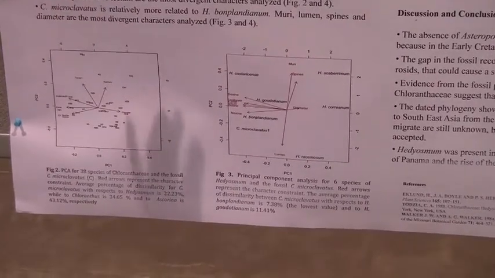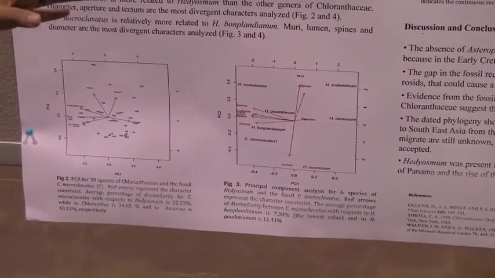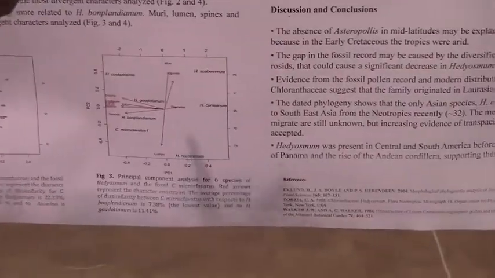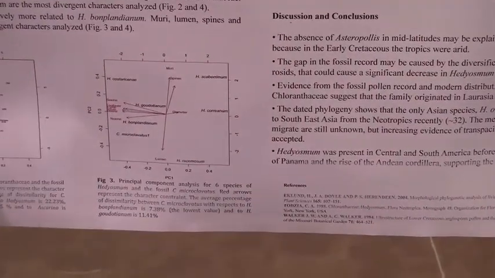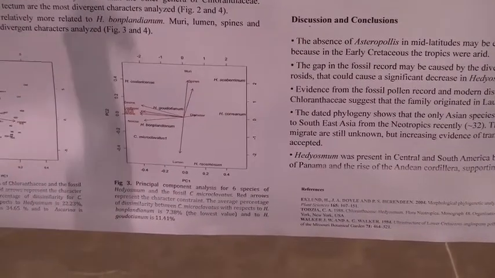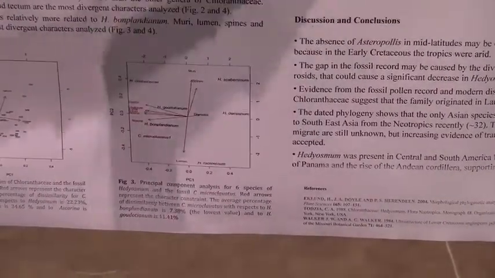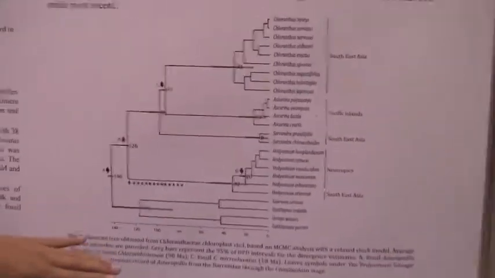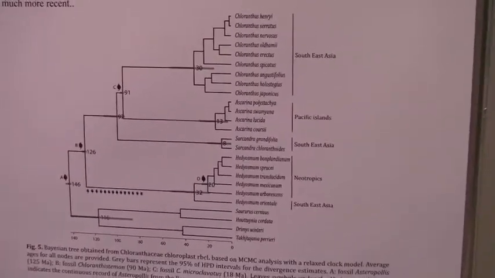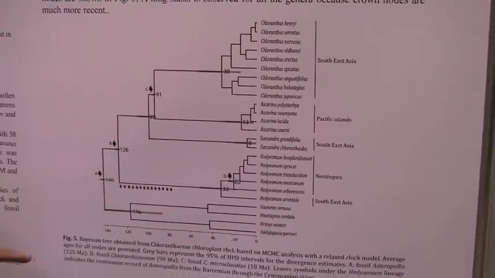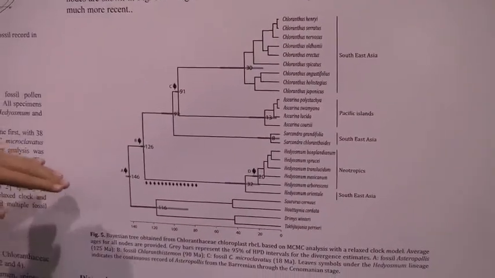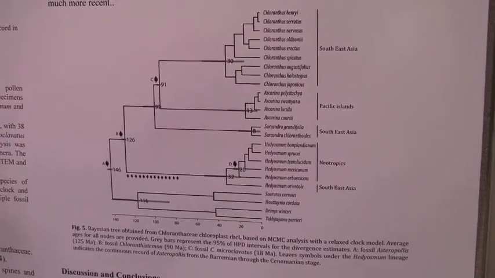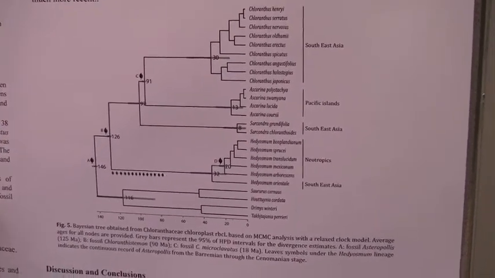So after I made the relation with the fossil and the modern genus, I tried to make a calibration of the phylogeny of the family. So I used RBCL chloroplast sequences that were already published in GenBank, and I used 3 of the fossil records that have been described in the family.